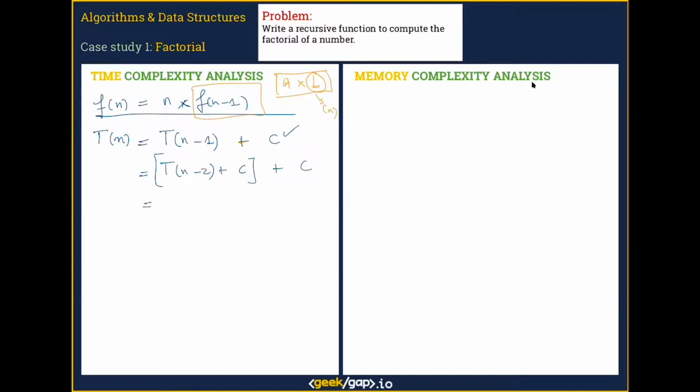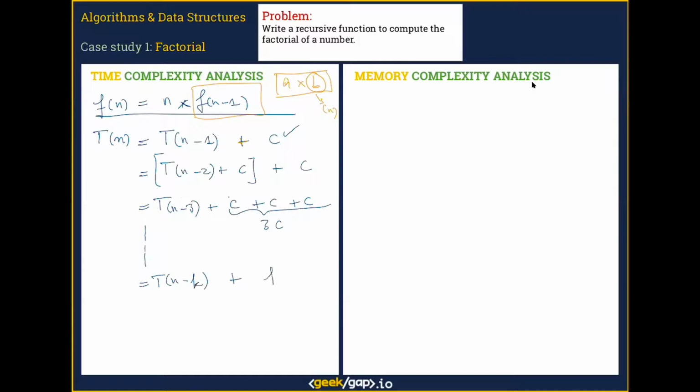And same thing, you can say it's t of n minus 3 plus c plus c plus c, which is 3c.